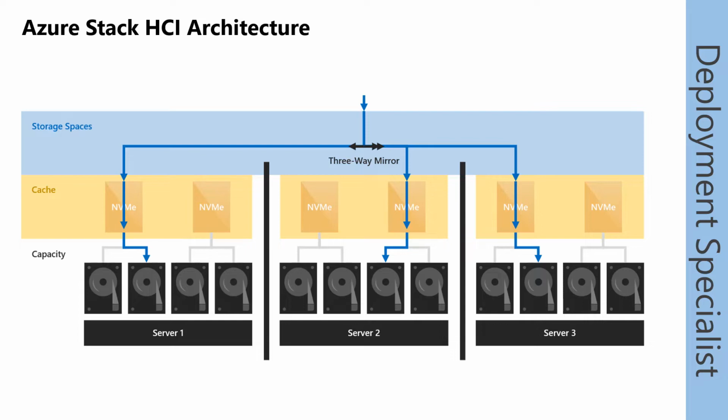We have this virtual layer, Storage Spaces, our software-defined layer, and when we write data, Storage Spaces Direct ensures that the copies are distributed across the servers absolutely synchronously. For sure, this happens via the local network, but it's important to understand it's synchronous.